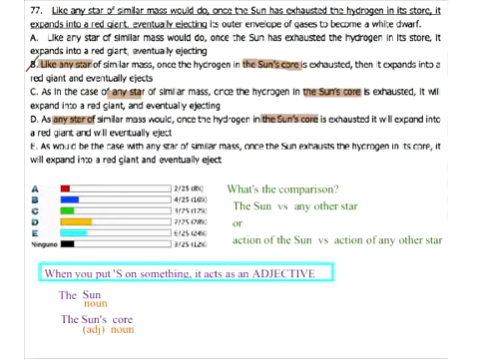Now, let's talk about A. How does like work? There's actually 2 problems with A. We'll come back to it in a second. But let's talk about sentences like this.